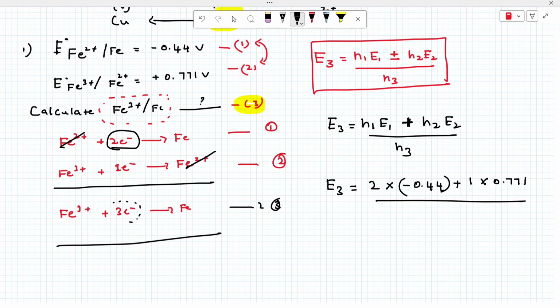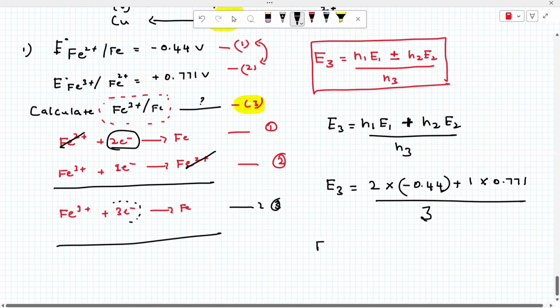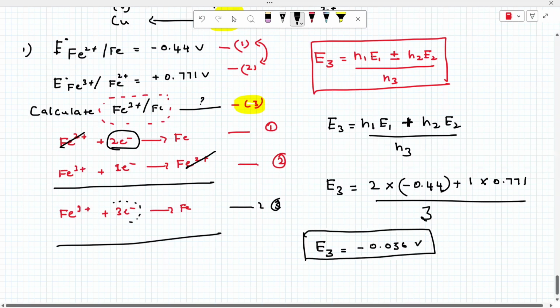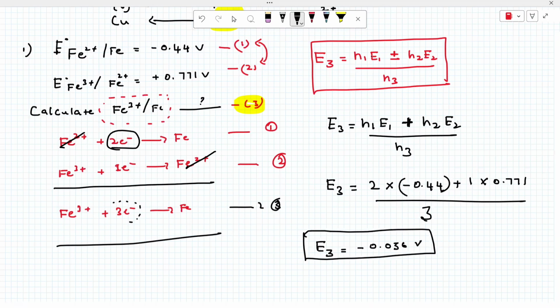N3 value is 3. E3 equals minus 0.036 volt. This is the answer; solve and get it. If you add two equations to get the third, use plus; if you subtract, use minus. Simple, okay?